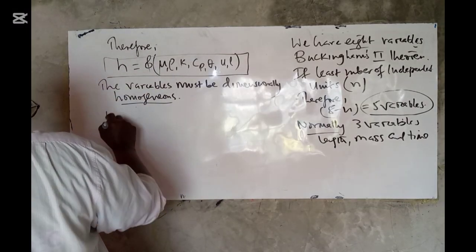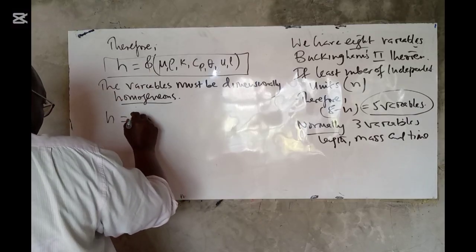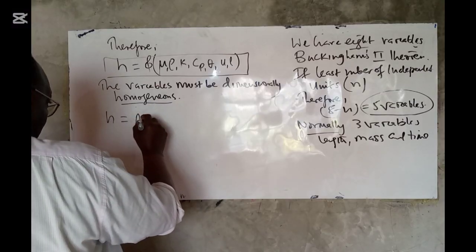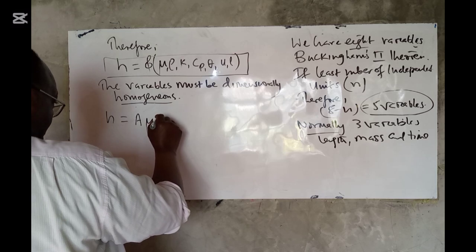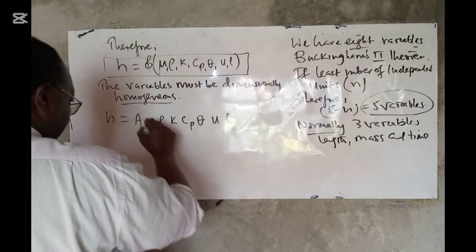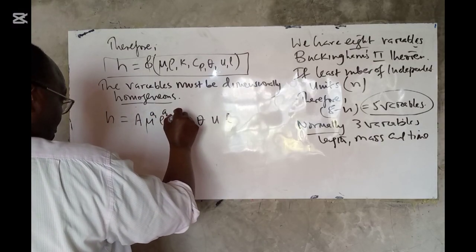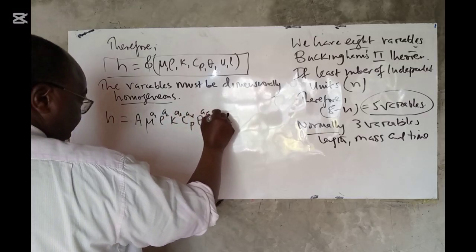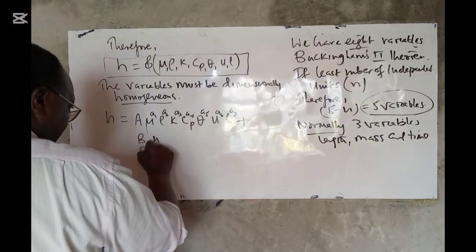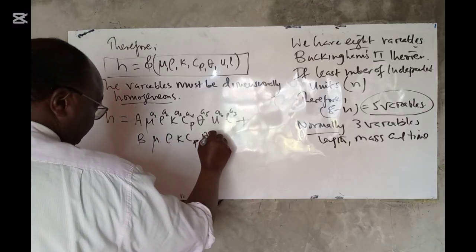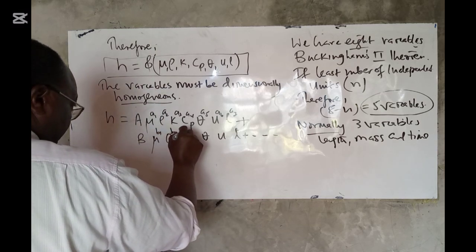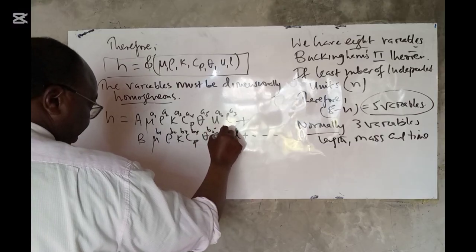Therefore, we can write h here as being equal to A, C, theta, L, with coefficients 1, 2, 3, 4, 5, 6, 7, plus B, theta, with B1, B2, B3, B4, B5, B6, B7.